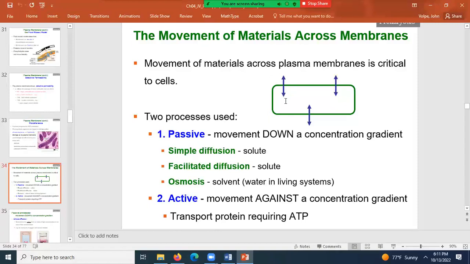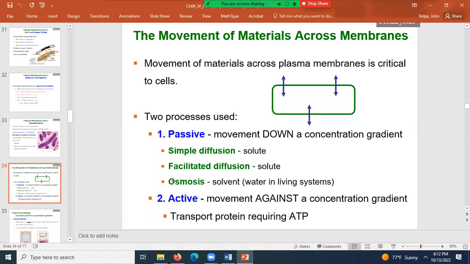And then the third way that molecules can move passively across a membrane is by osmosis. Osmosis is where a solvent, meaning water in living systems, moves across the cell membrane, moving from areas of high concentration to areas of low concentration.